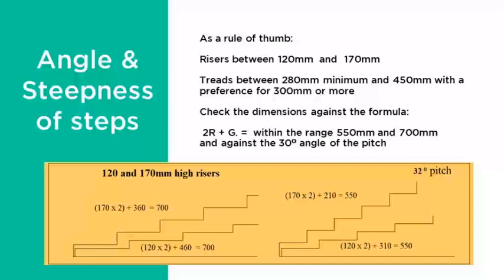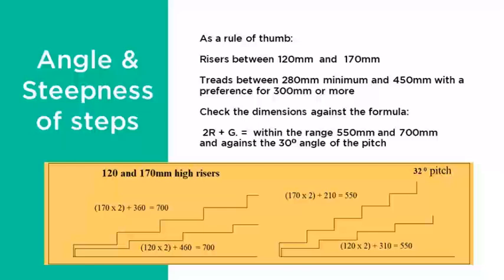The physical effort needed to walk upstairs is often expressed in a simple formula: the sum of twice the rise plus the going. If you take the proposed dimensions of your stair in millimeters and apply the formula, the result is a number which should fall within the range 550 mm to 700 mm.